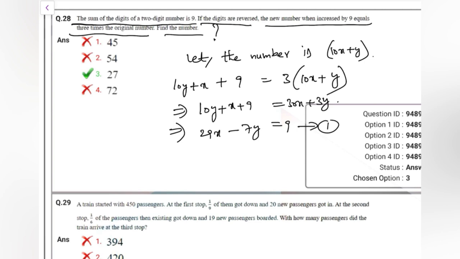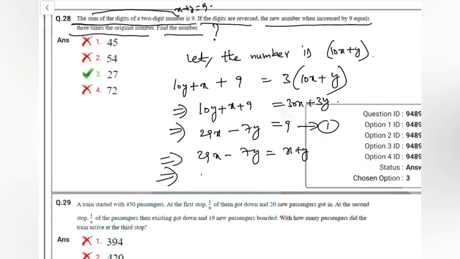In the question, they have also given the sum of digits of a two-digit number is 9. So, x plus y is equal to 9. So, let's take 29x minus 7y is equal to x plus y, because in the question they have given x plus y is 9.